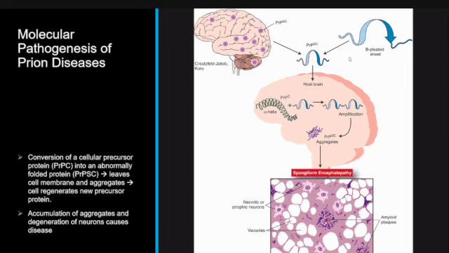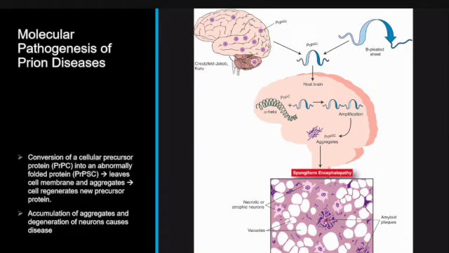When these abnormal ones get inside the brain, they come in contact with the normal ones on the cell membranes. And when they do, it transforms those prion proteins into the abnormal protein. And then essentially it gets released from the cell membrane, and that's how it self-propagates.